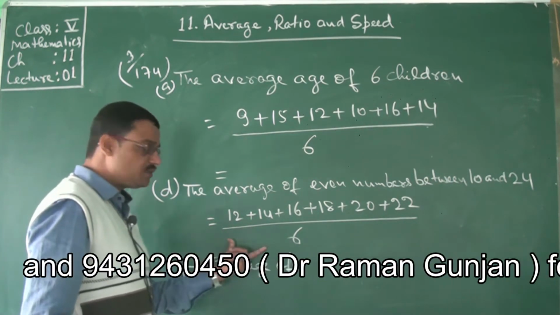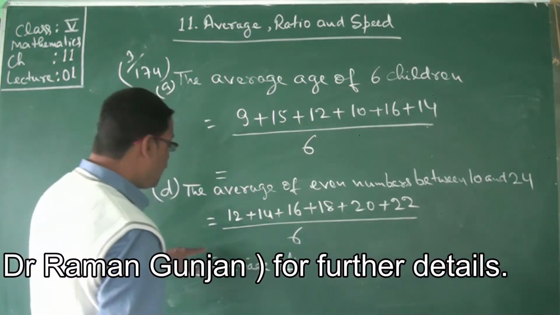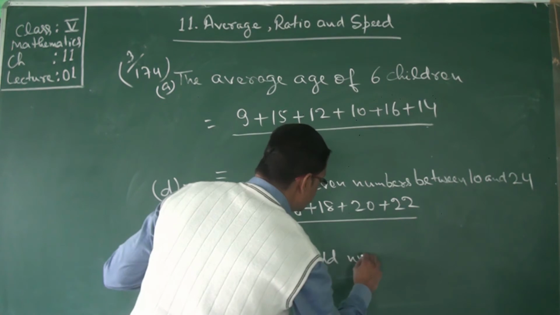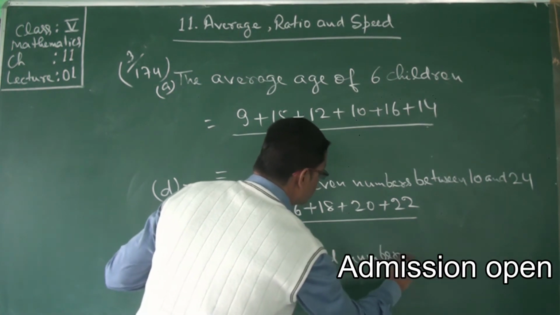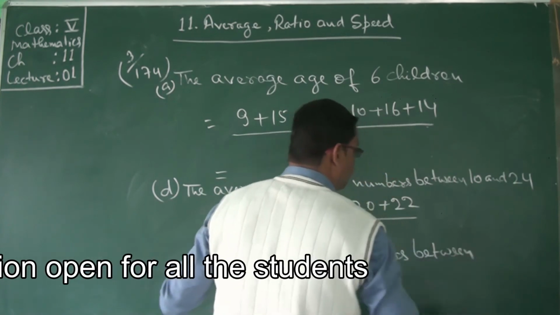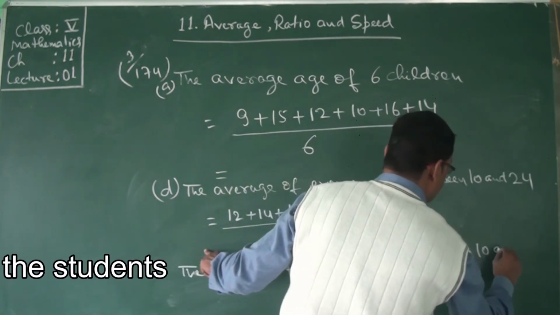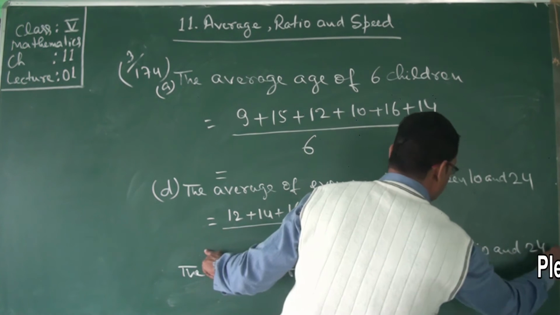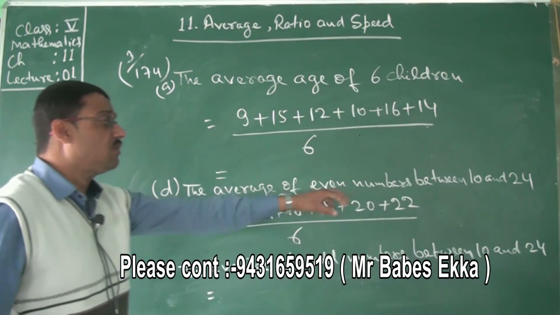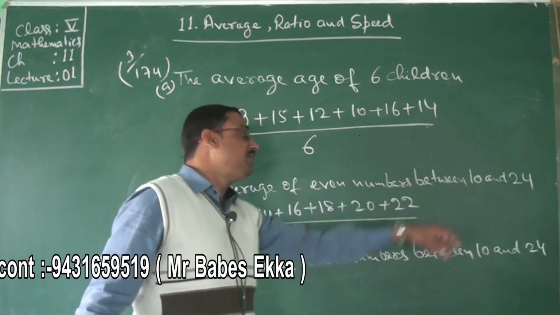It's very easy. The average of odd numbers between 10 and 24. See, the odd numbers start from 11 here.